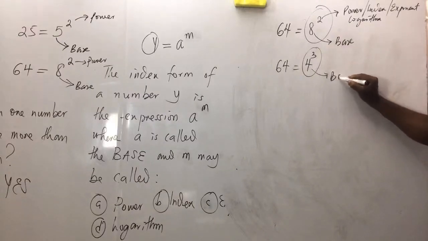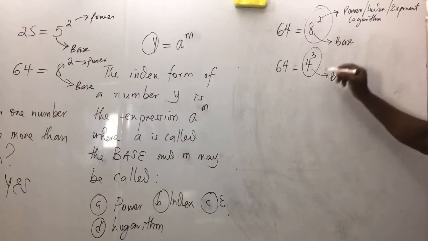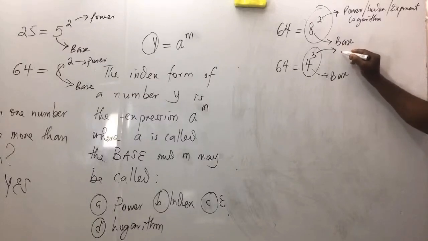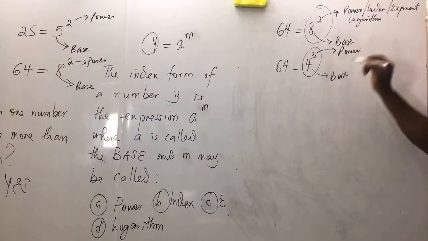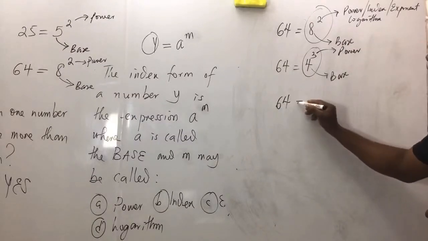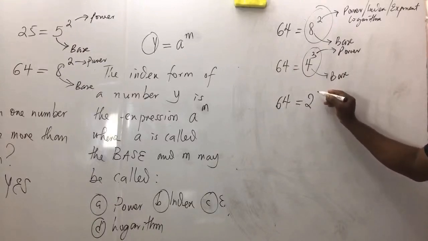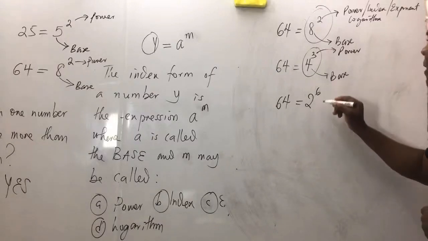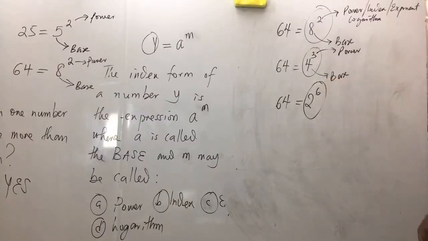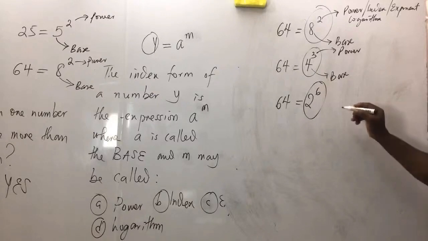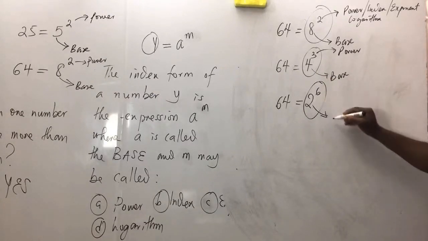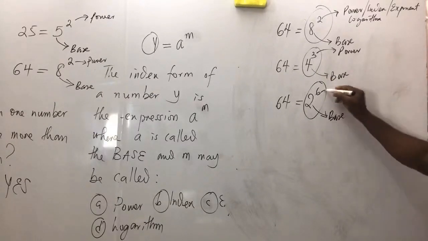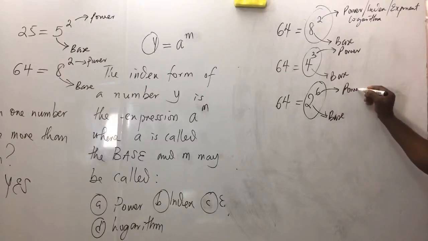You guessed right. The base is 4, and the power in this instance is 3. Take note again, the same 64 can be expressed as 2 raised to the power 6. Now, 2 raised to the power 6 is another index form of 64, and that implies that in this instance, the base is 2 and the power is 6.